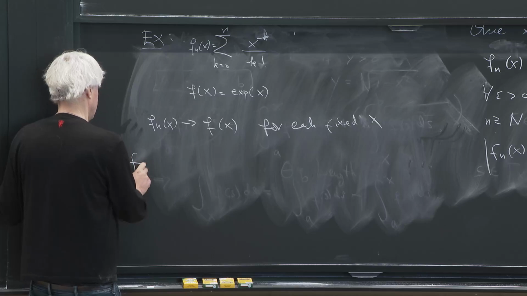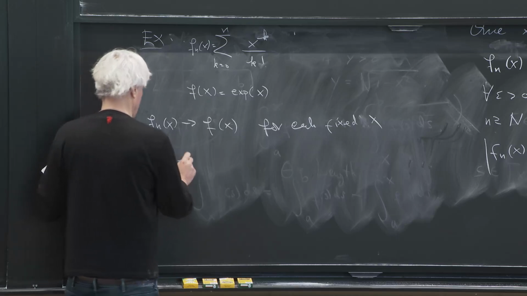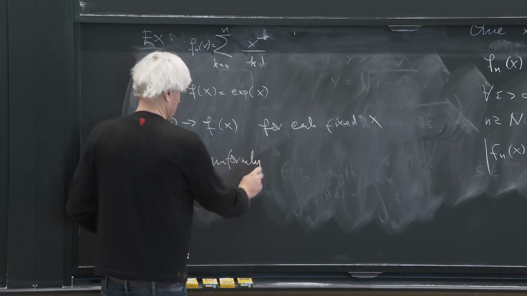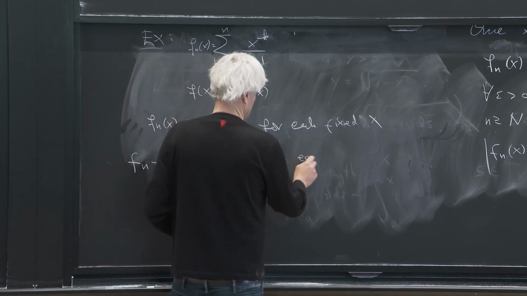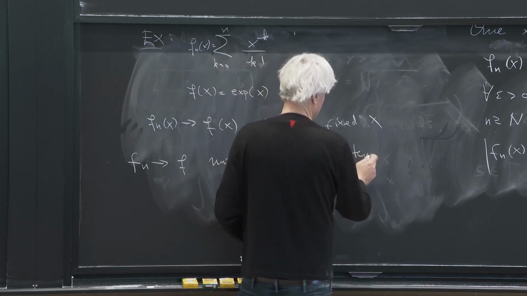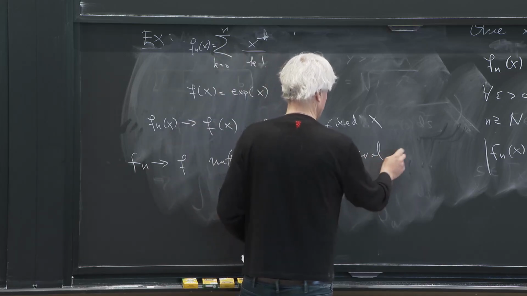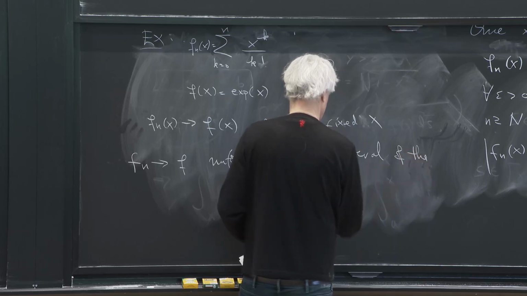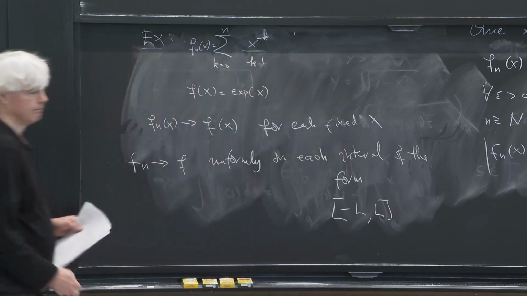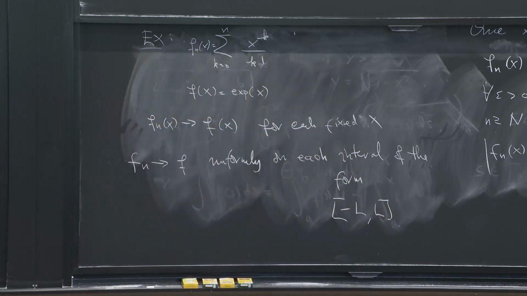So in this case, these here converge to F uniformly on each bounded interval, so on each interval of the form minus L to L. Okay, and we will talk about this more in just a second.